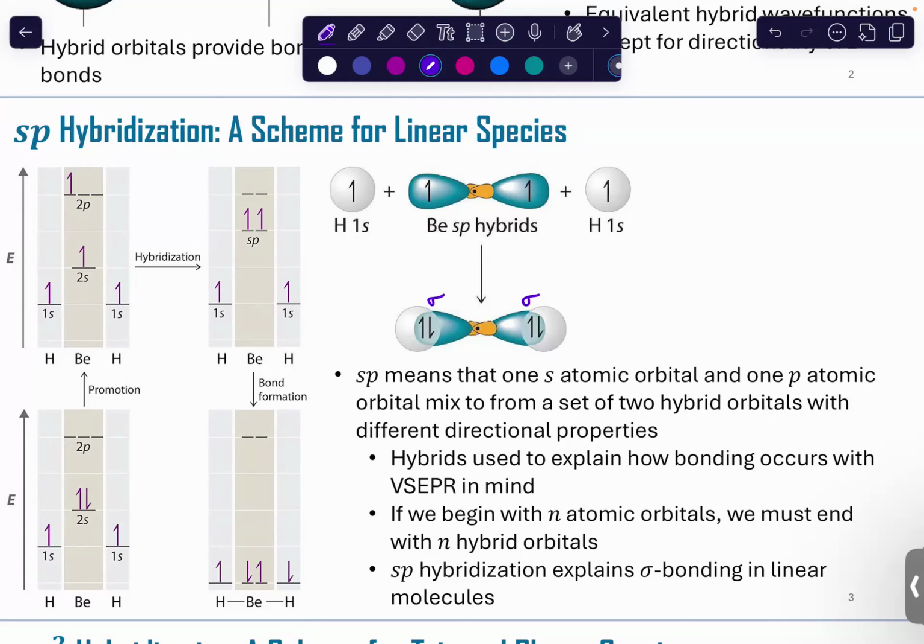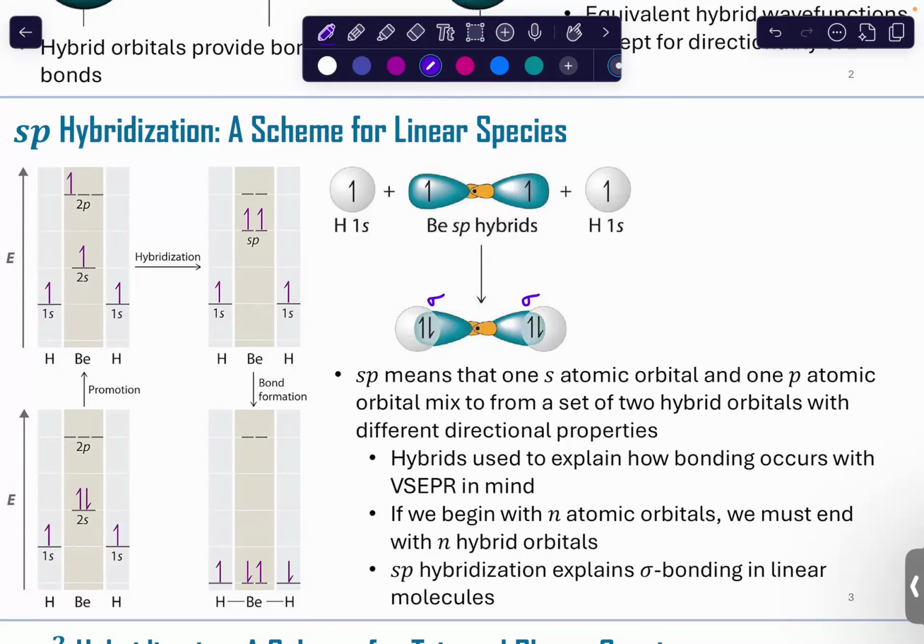One of the rules, like we talked about in freshman year, if we use n atomic orbitals, we have to end with n hybrid orbitals. So again, your sp uses the s orbital and one of the p orbitals. And so since it used two orbitals, you have to get two orbitals for the sp.